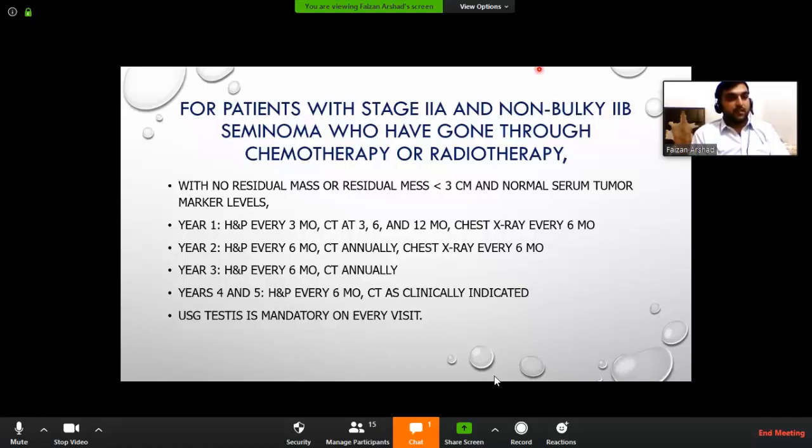In the second year, history and physical examination every 6 months, CT annually, chest X-ray every 6 months. For third year, history and physical examination every 6 months, CT annually. And fourth and fifth year, history and physical examination every 6 months, CT as clinically indicated, and ultrasound testing is mandatory on every visit.